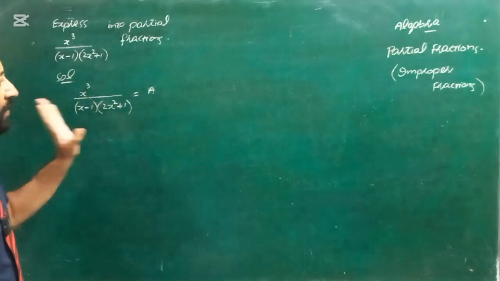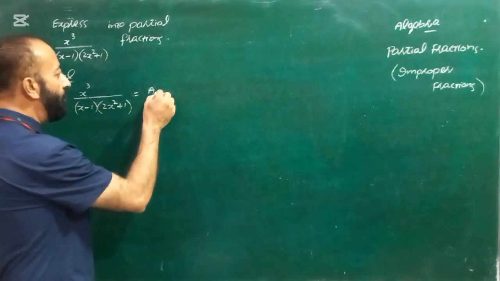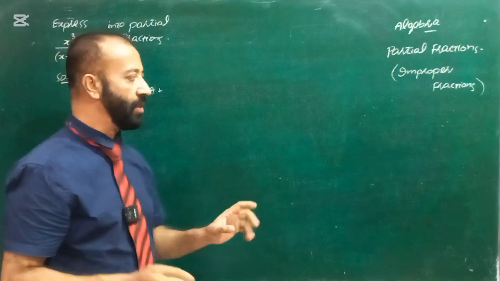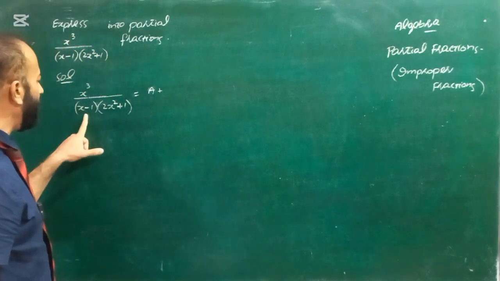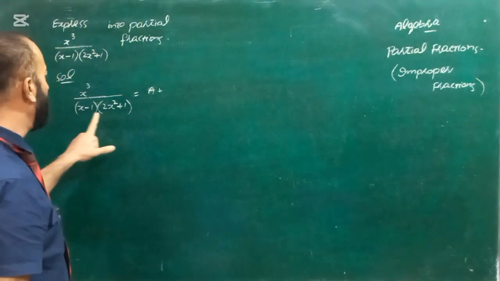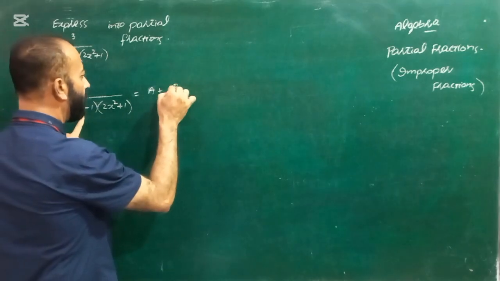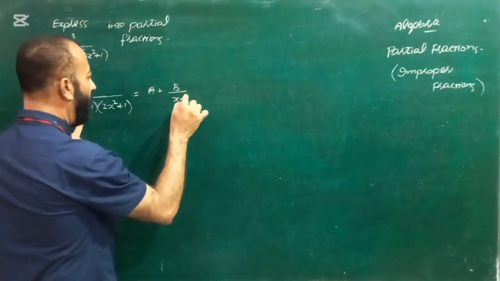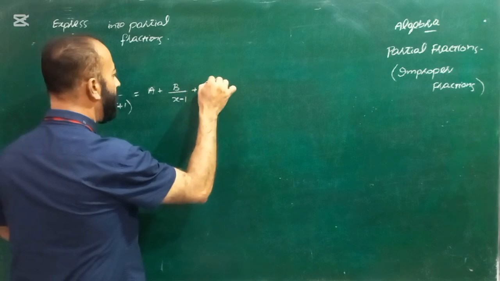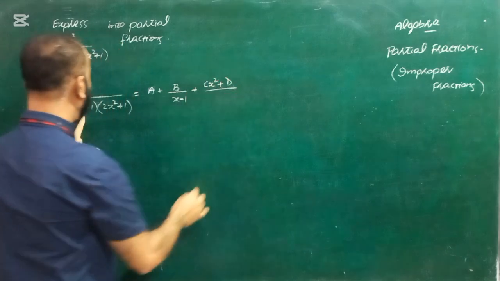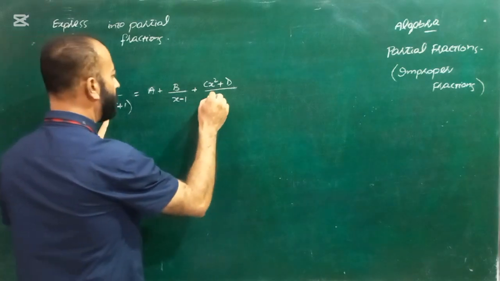From here you will follow all the rules of the proper fractions. One factor is linear and the second is quadratic. So that's why B over x minus 1 plus (Cx plus D) over 2x square plus 1.